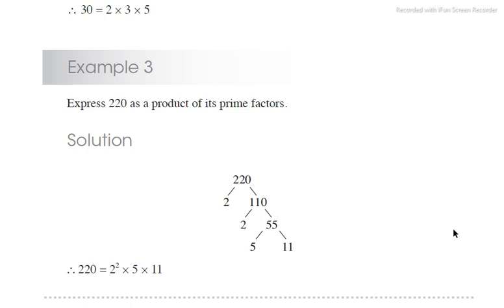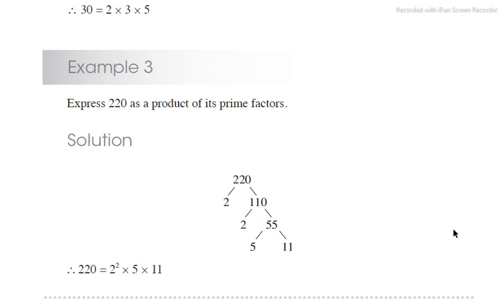If we continue to example 2, we are told to express 220 as a product of its prime factors. Still, we shall decompose 220. We can either use the ladder method or the factor tree method.